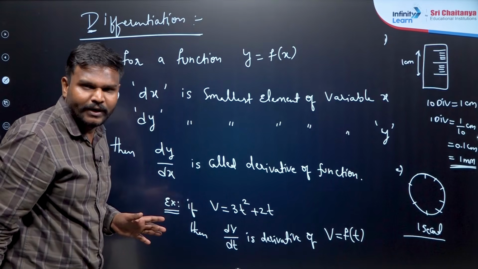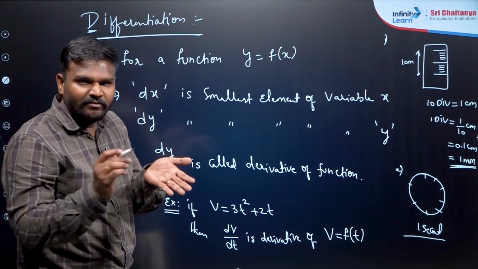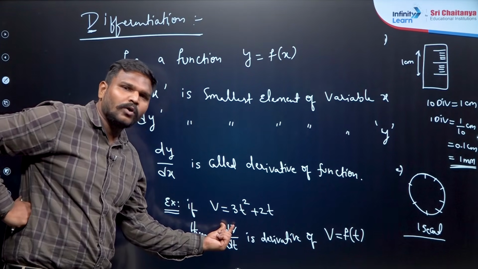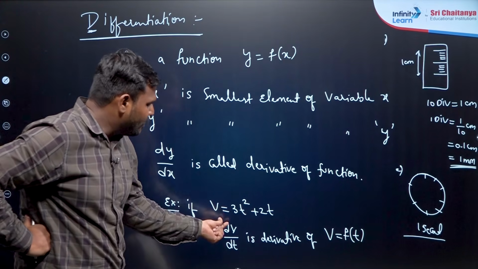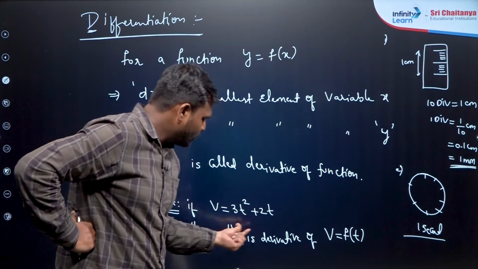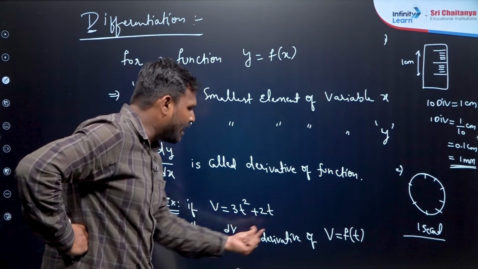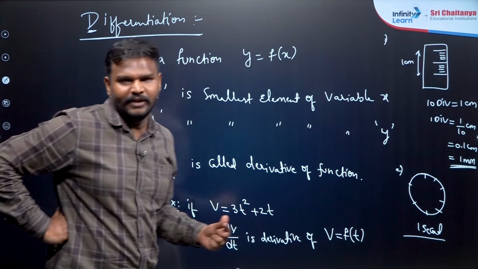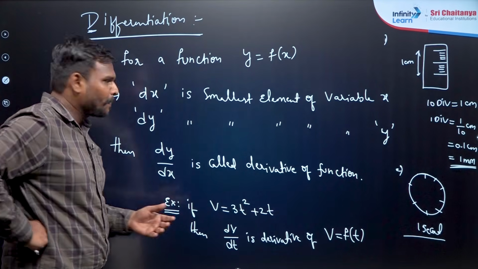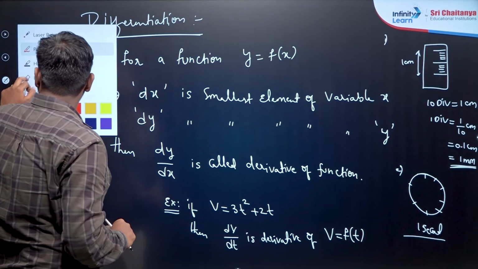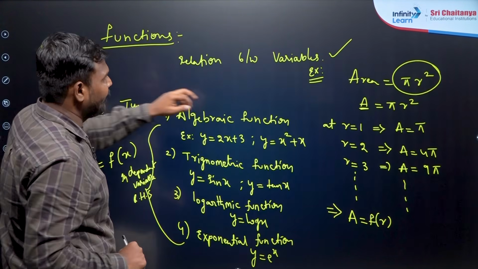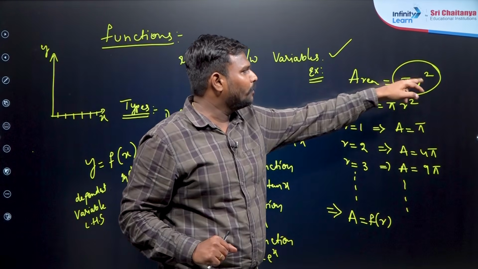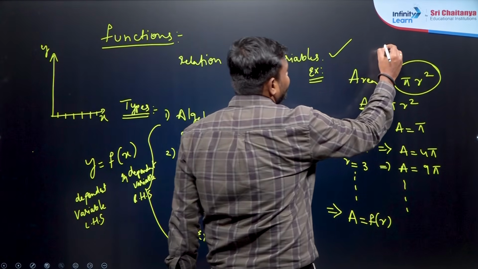You are understanding my point? So on paper, whenever they write a small change in a variable by a small change in another variable, that means the LHS is the dependent variable and the RHS is the independent variable. Understood? Let us say in this particular slide, area is equal to pi r square. So what can we write?